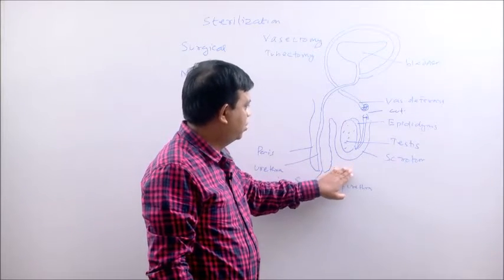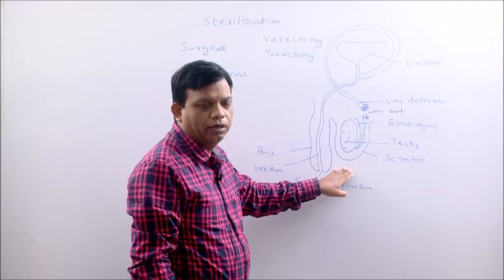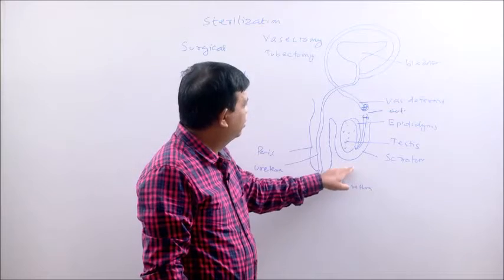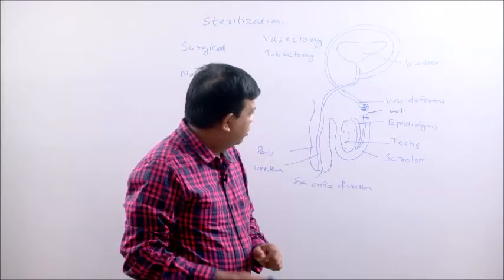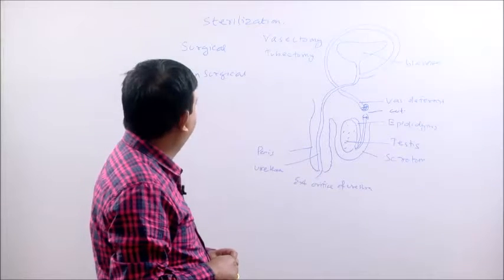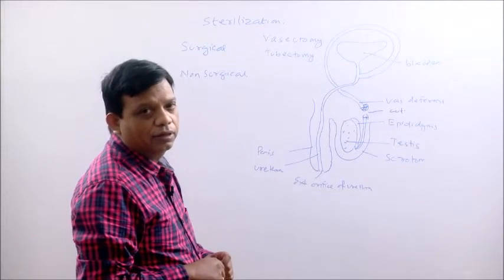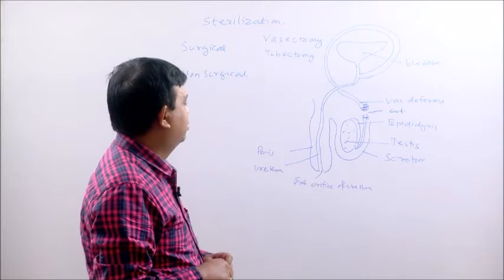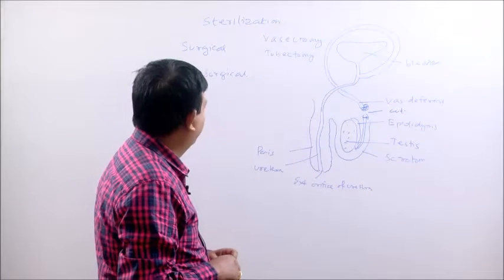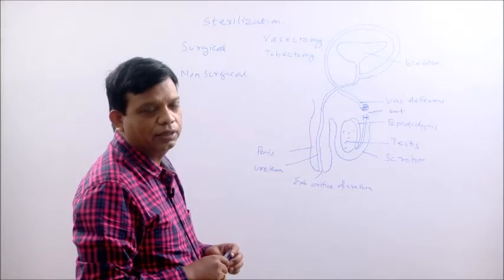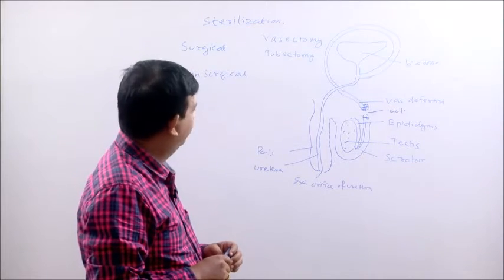If the process is done properly, it is 100% effective. The process of vasectomy can be reversed, but the chances of regaining fertility is as low as 30 to 40%.